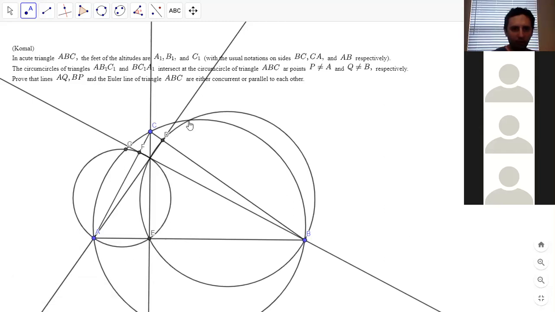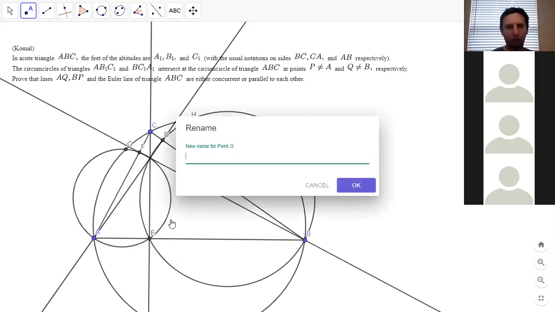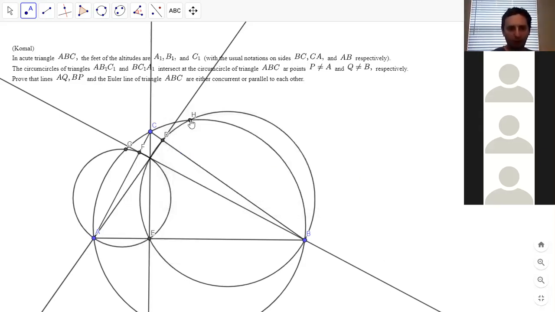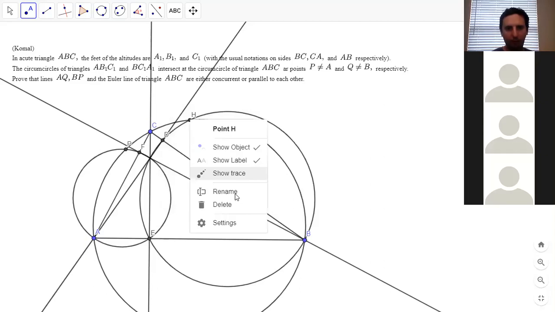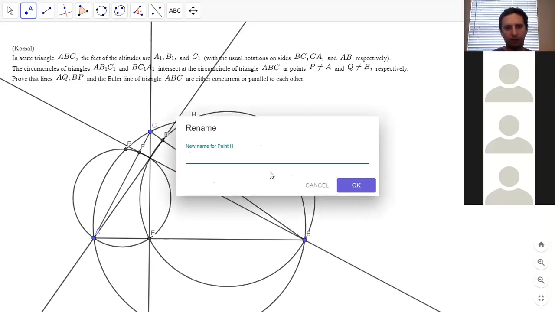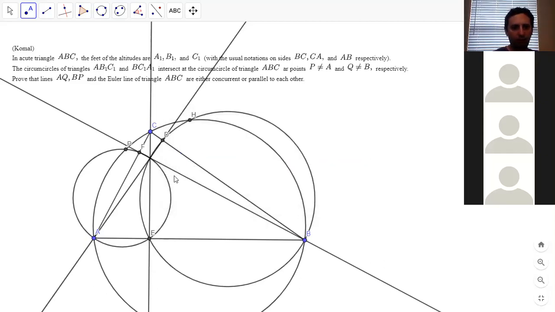So these are points P and Q. And we want to show that AQ and BP intersect on the Euler line.